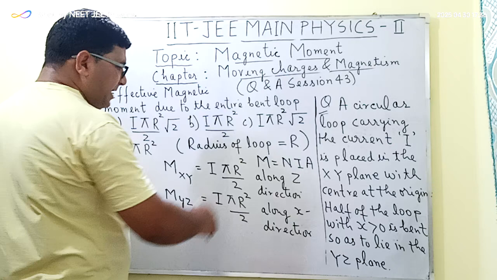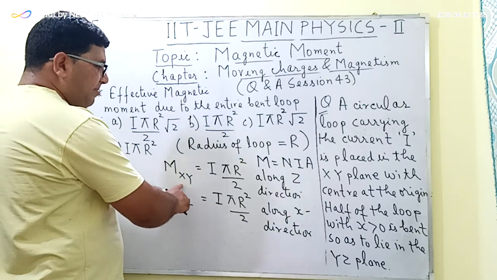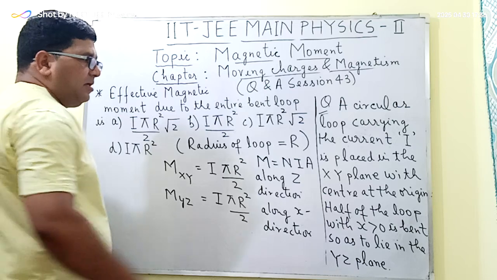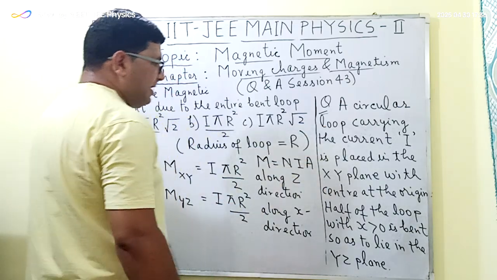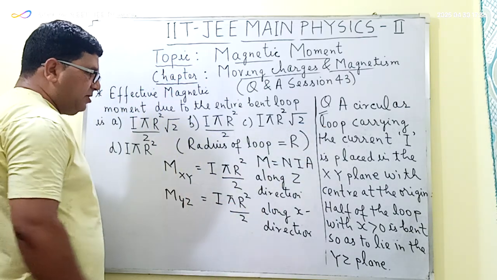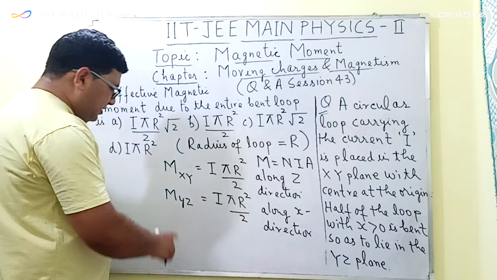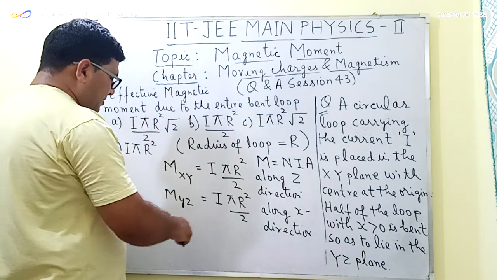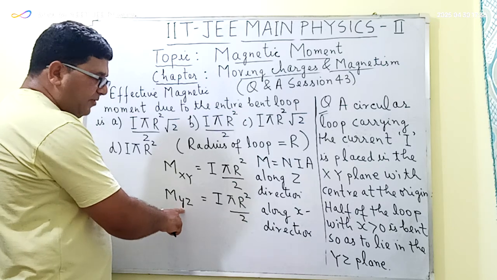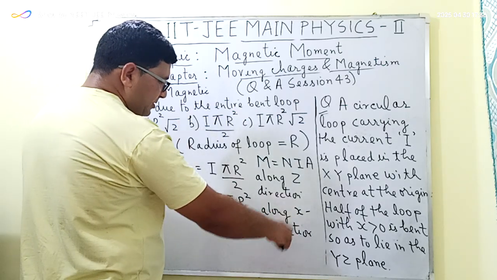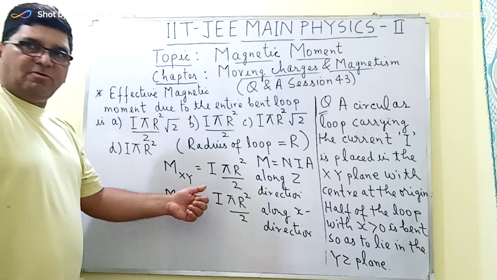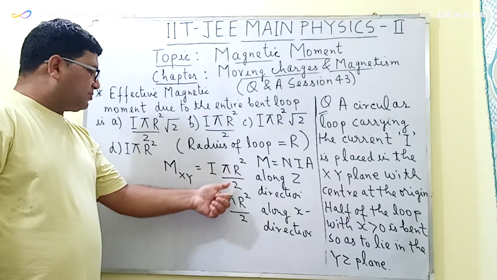So the magnetic moment due to the half loop lying in the xy plane will be along the z direction, and the magnetic moment due to the half loop lying in the YZ plane will be directed along the x direction, and the magnitude in both the cases will be equal to I into pi r square divided by 2.